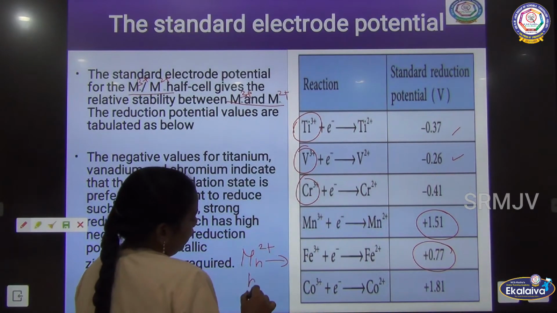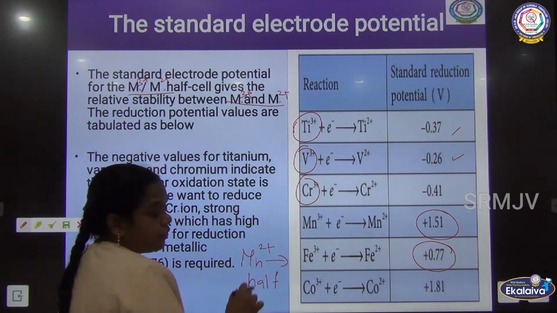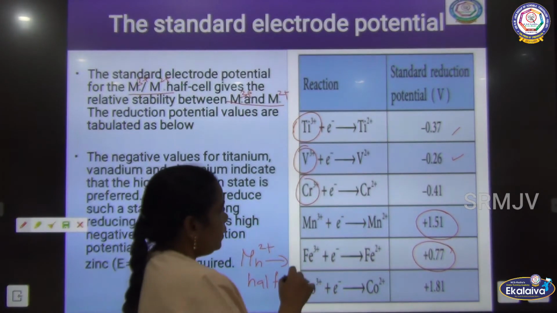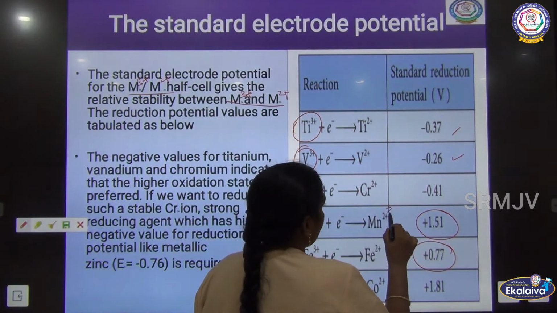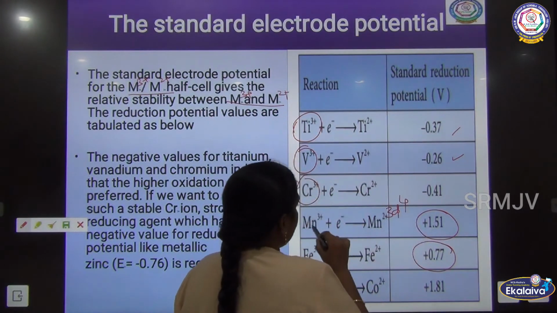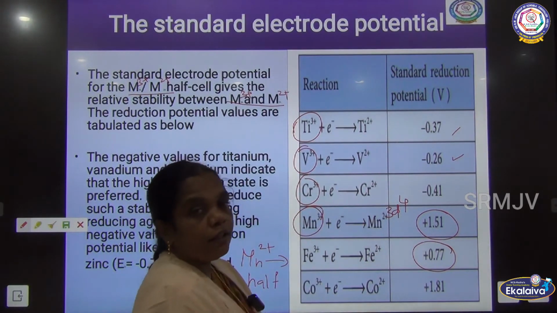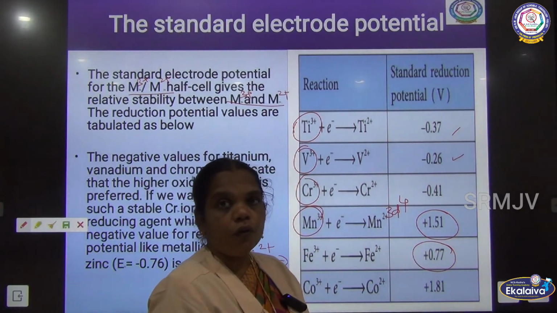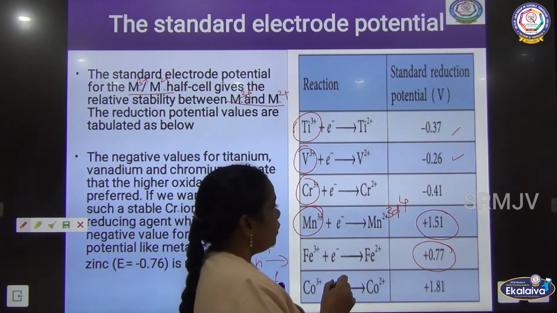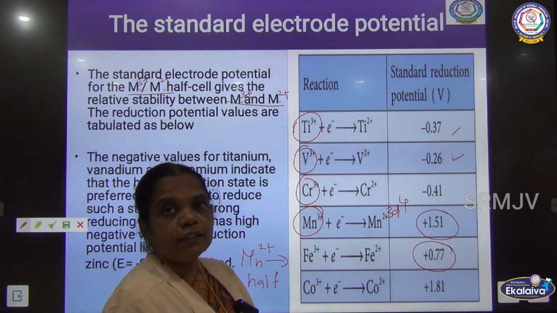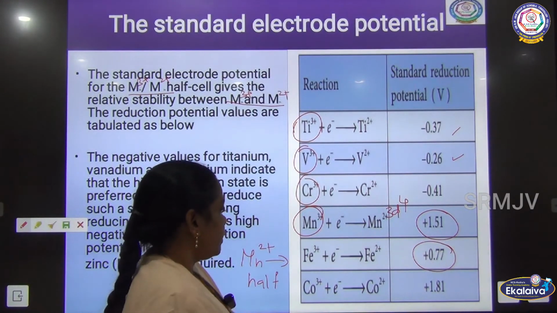the half-filled configuration gives extra stability, so it can act as a reducing agent. But in the case of manganese, in Mn3+ the configuration is 3d4, so they readily gain electrons, undergoing reduction rather than oxidation.